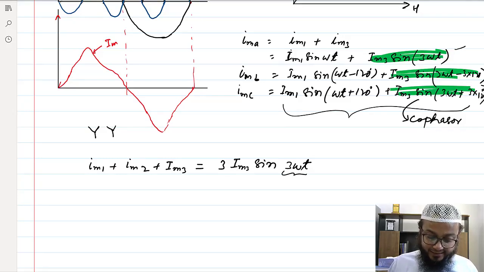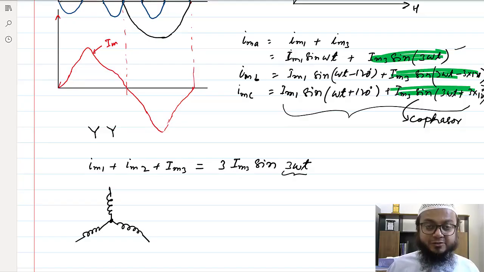But in a star connected transformer, let's say the winding is this, the sum of all these three currents at this node should be 0. Otherwise KCL would be violated, right? So my transformer is actually not allowing this current.